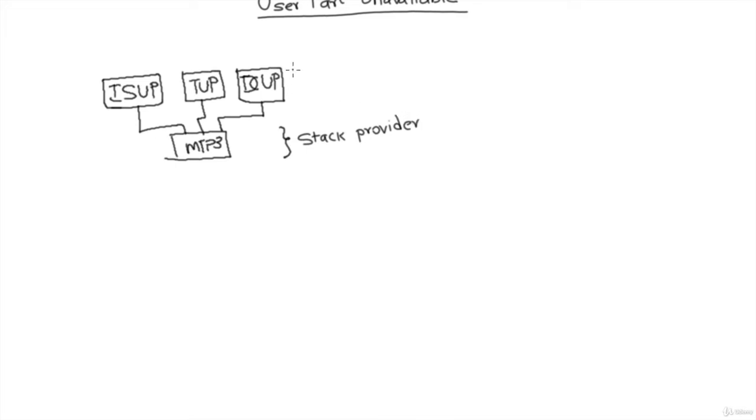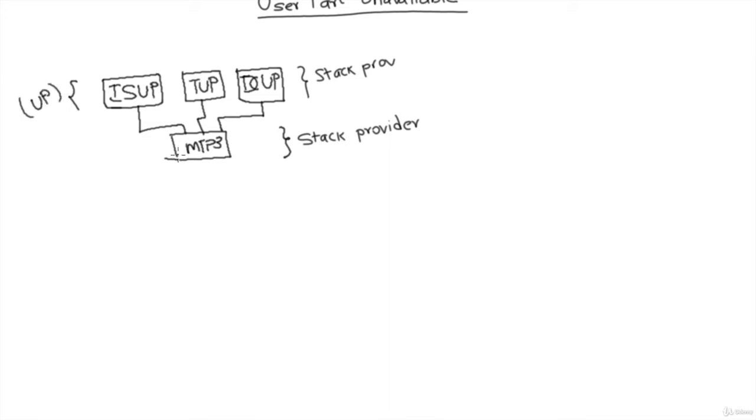So they both work as separate processes on the same system or even on different systems. So it may so happen that the packet is received by the MTP3 layer, but it is not able to hand it over to the higher levels. Or the higher levels are already very occupied with other messages. So that's a case of congestion. So the user part layer is not able to handle the message.